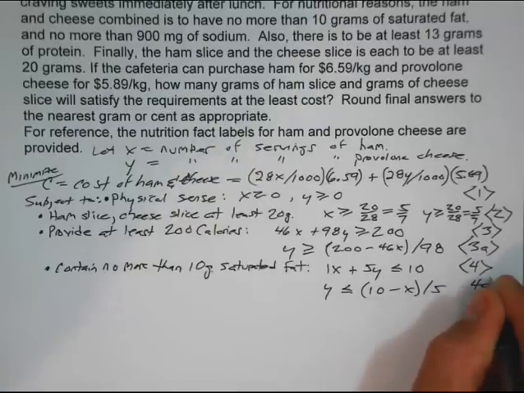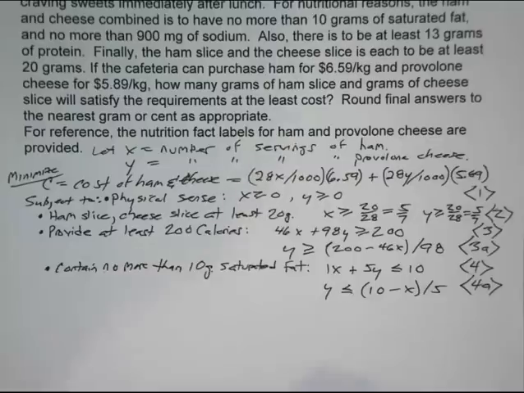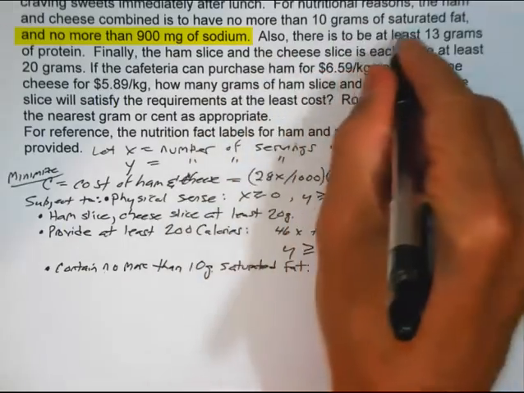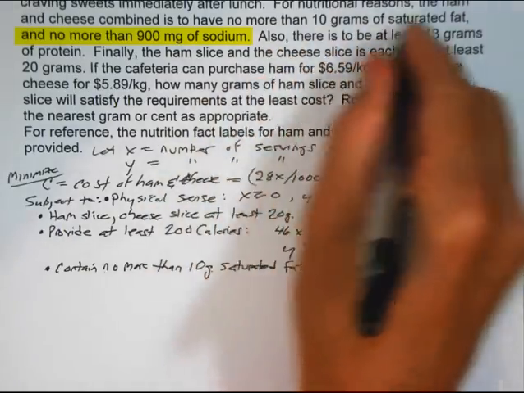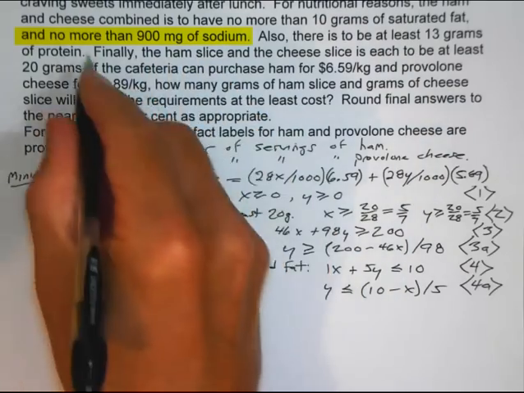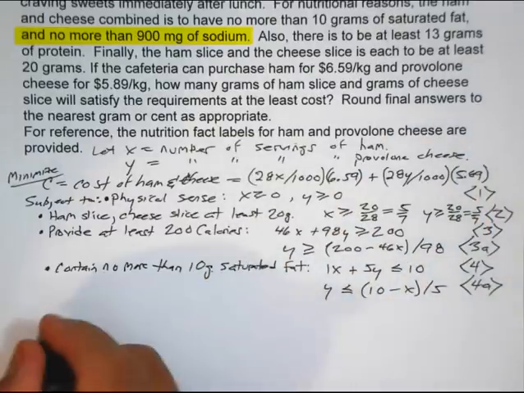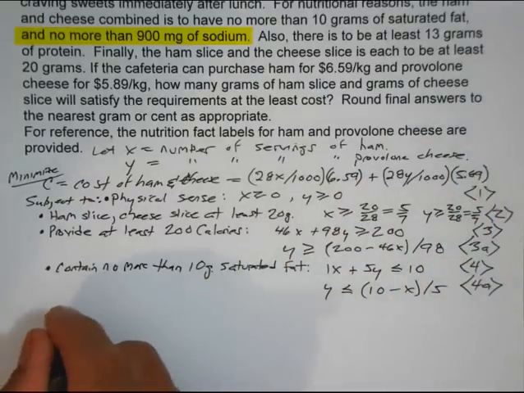Okay, call that 4a, derived from fundamental number 4. Okay, what else? That same sentence also says that the ham and cheese combined is to have no more than 900 milligrams of sodium. Okay, let's work on that.